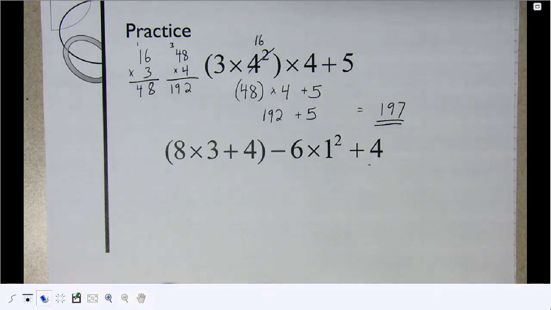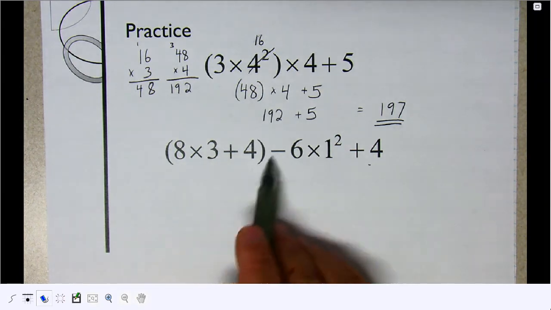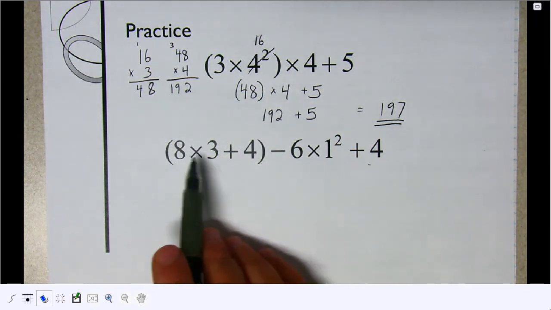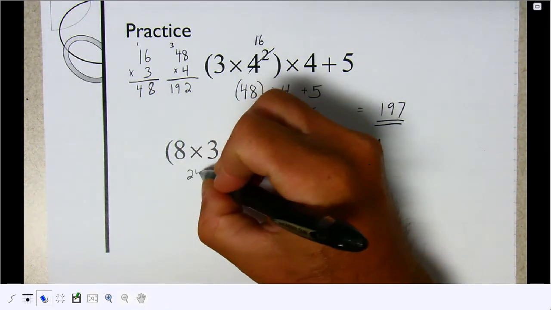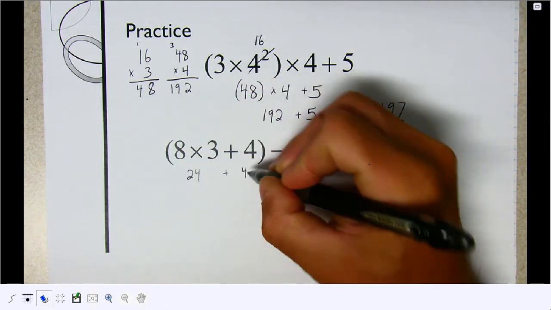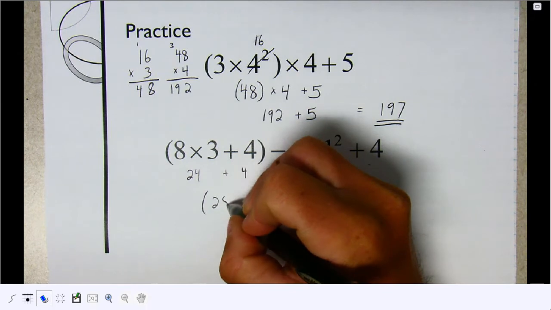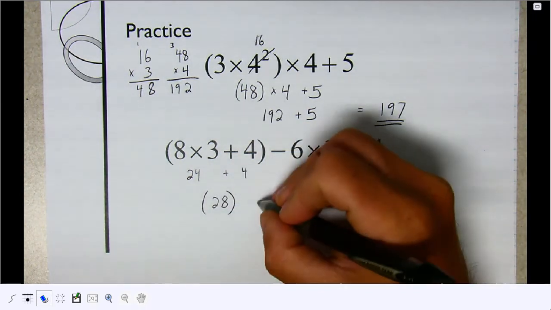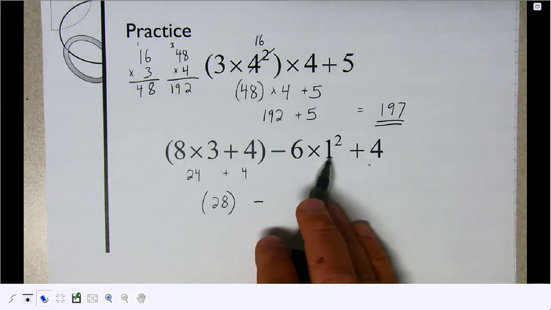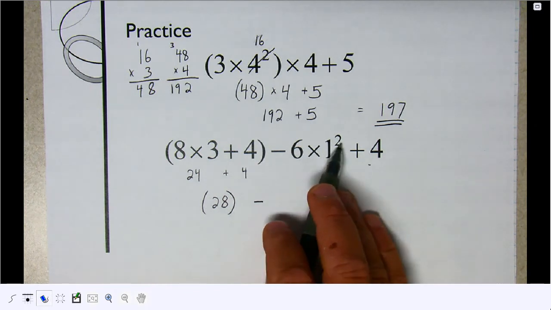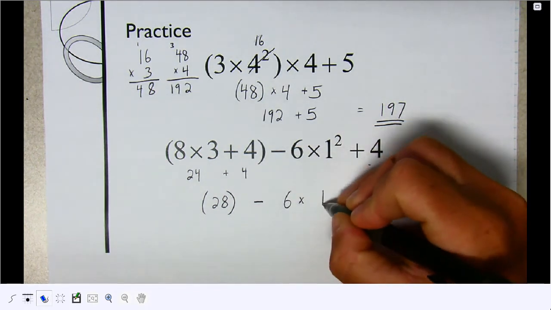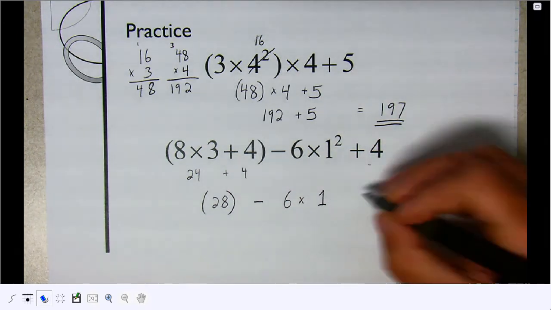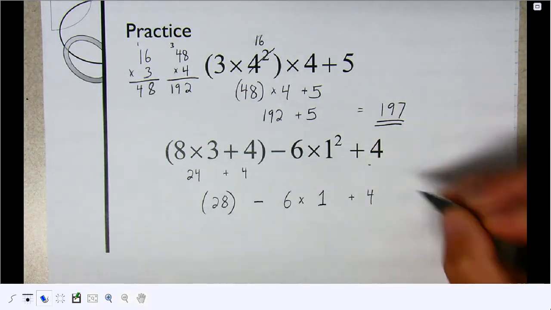And the bottom one, let's start out inside our parentheses here. So you can do this in your head. We better do that multiplication first. That's 24 plus 4 means the value inside parentheses here is 28. Minus 6 times 1 squared. Well, 1 squared is just 1 times 1, so that becomes 6 times 1 plus 4.